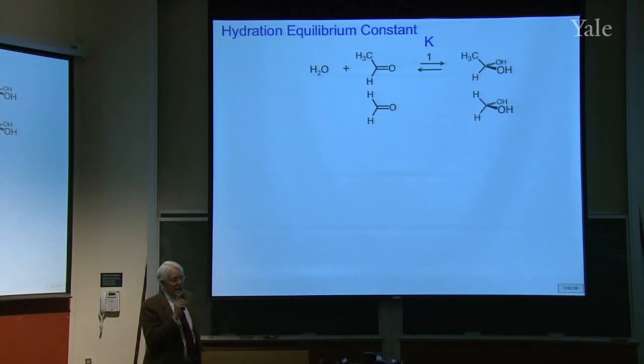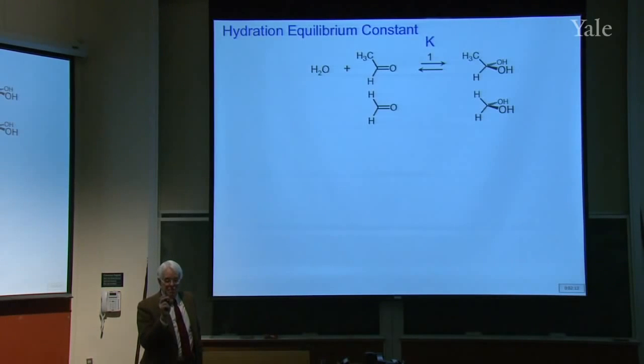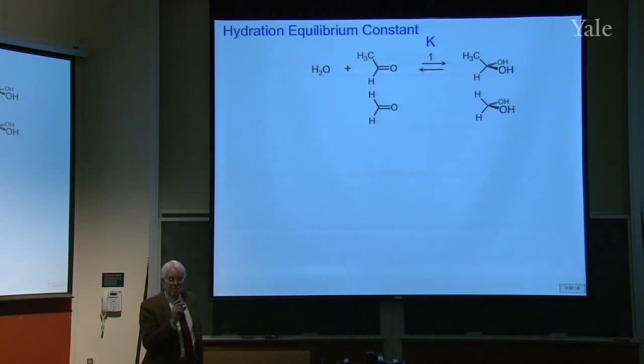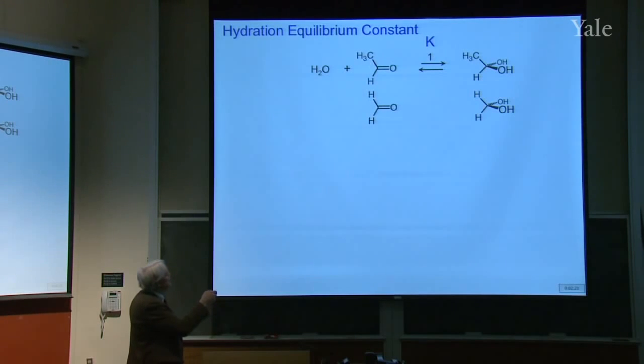Remember the strength of the carbon-carbon bond depends on hybridization. The strength of the carbon-hydrogen bond depends on hybridization. But the carbon-carbon bond is more sensitive to hybridization, gets stronger when you go sp2, than the carbon-hydrogen does. So this one was a stronger bond than that one, with respect to the sp2 hybridization, right?